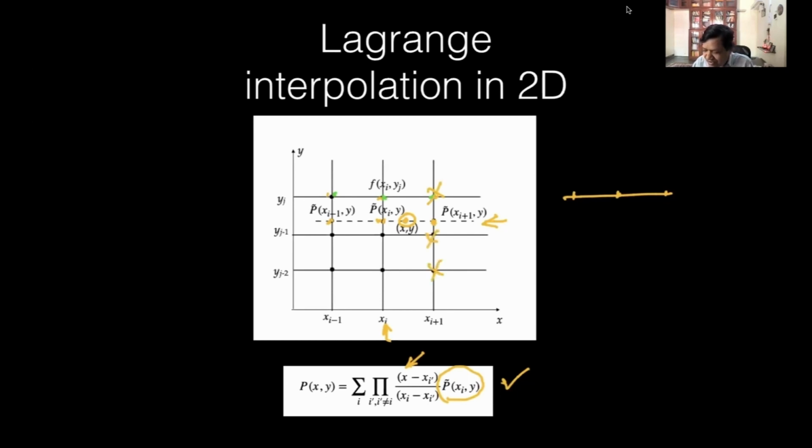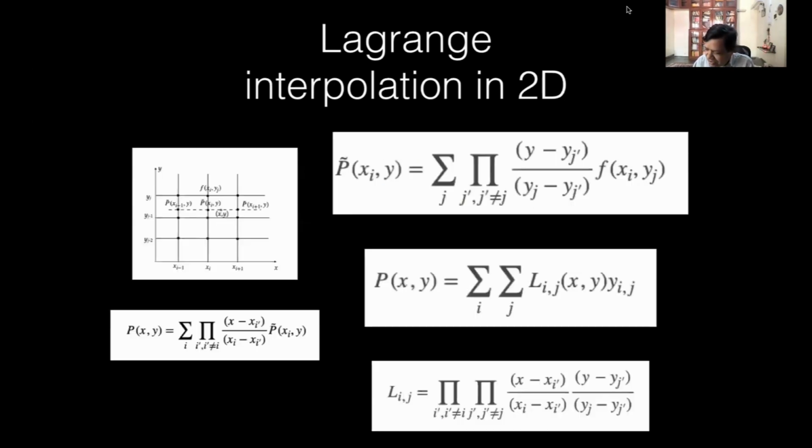So now I need to do a second level of interpolation to get p tilde, using the y coordinates. The next slide will tell you how to compute p tilde xi y. It's just straightforward. For p tilde xi, now I'm going along the y direction. So see these yj's.